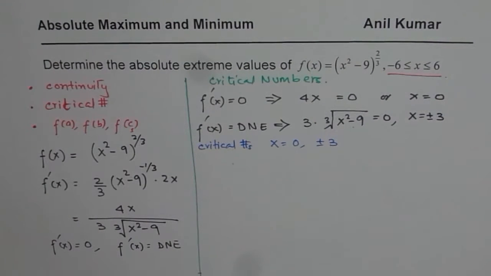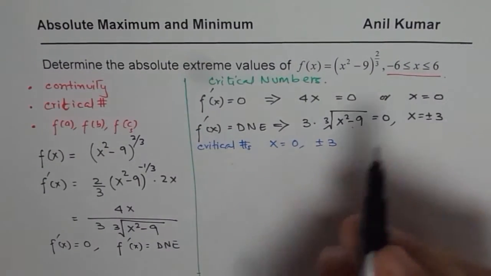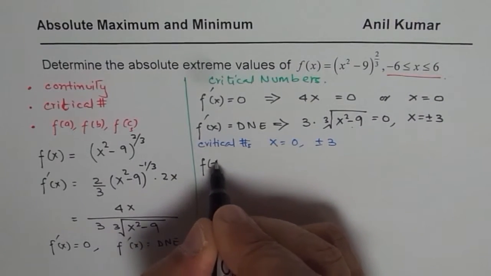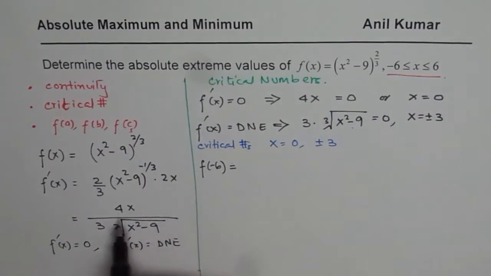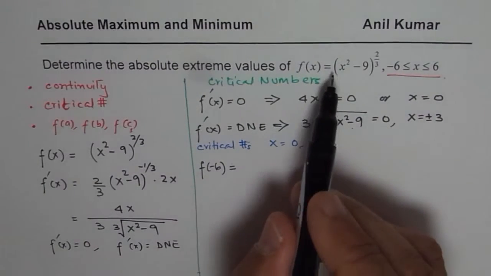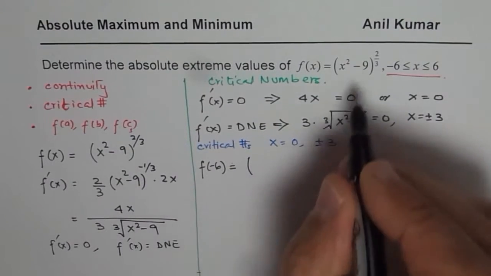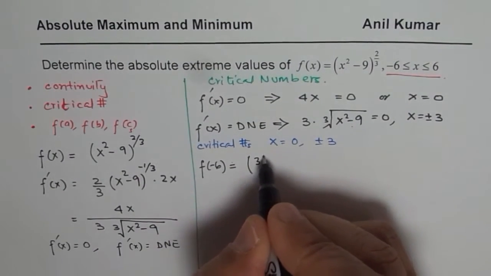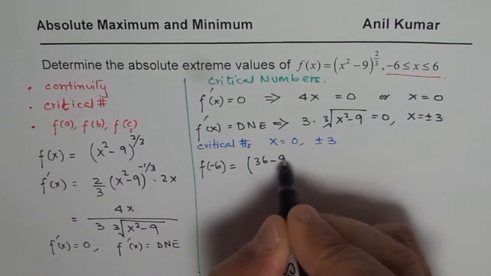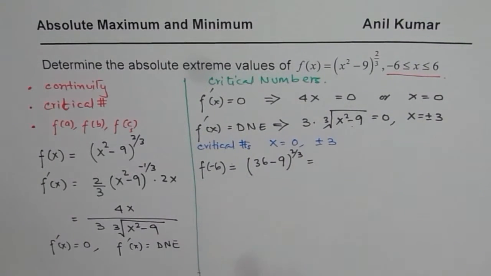Now we'll follow the third step, which is to find the value of the function at a, b, which means lower bound and upper bound. So f of minus 6 is equal to what? Substitute minus 6 in the function itself. Minus 6 squared is 36, so I'll write (36 minus 9) to the power of 2 over 3. You can use a calculator in this case to find your answer.